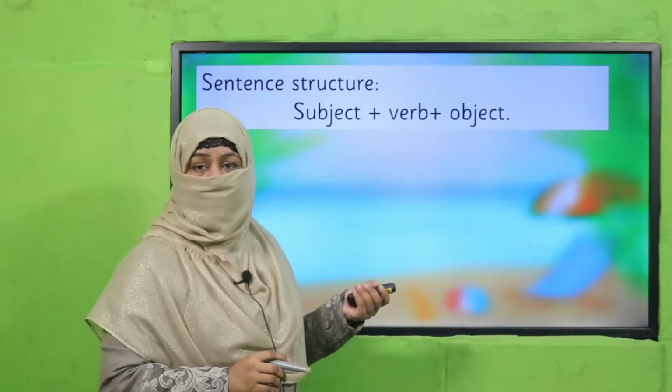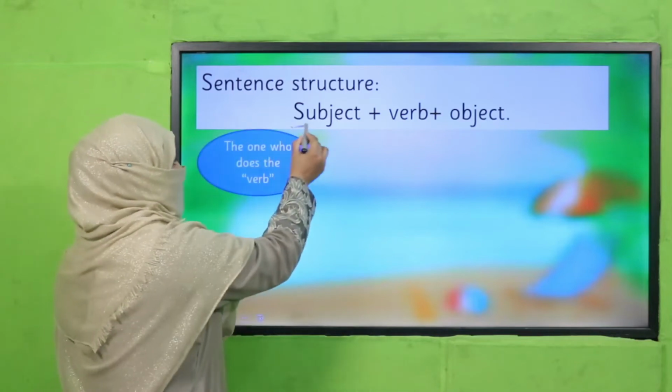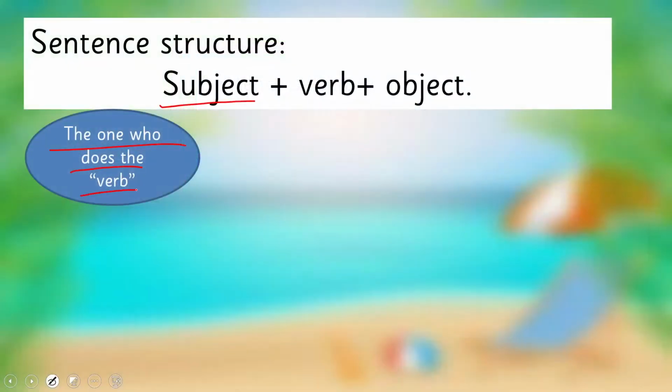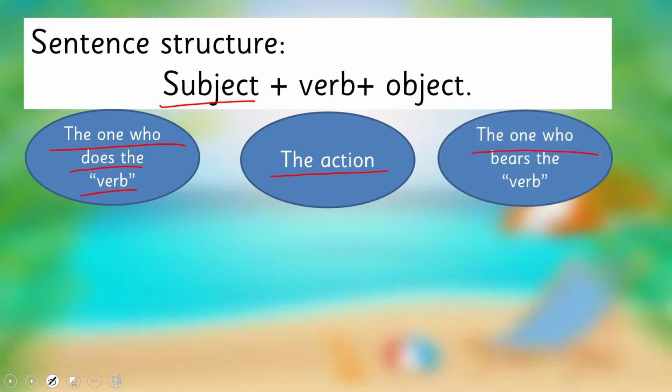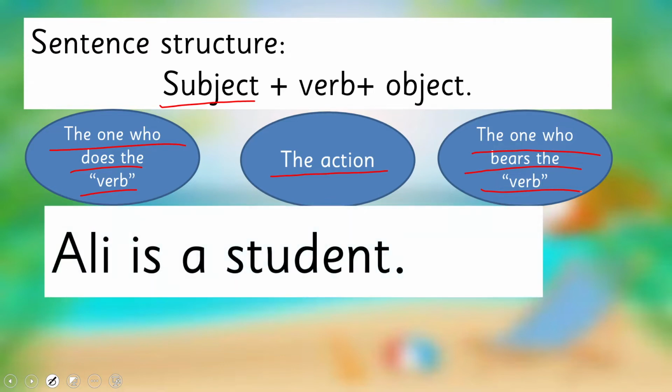What is a sentence structure? Subject, the one who does the verb. After that, the verb, the action, and the object is the one who bears or receives the action. So according to this structure, Ali is a student, right? Now, Ali is the subject of this sentence and is is the verb.